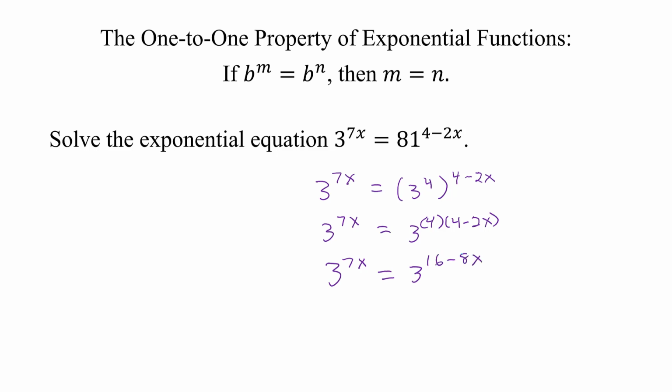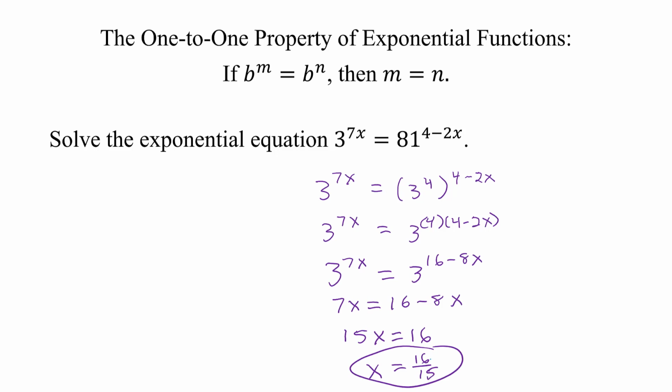Now the bases are the same, so the exponents have to be the same, so 7x equals 16 minus 8x. I add 8x to each side to get 15x equals 16, and finally divide through by 15 and find x equals 16 over 15 is a solution to our original equation.